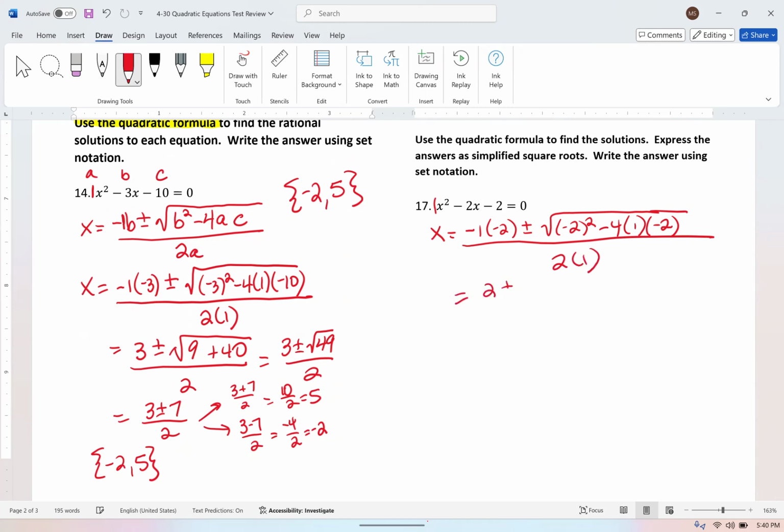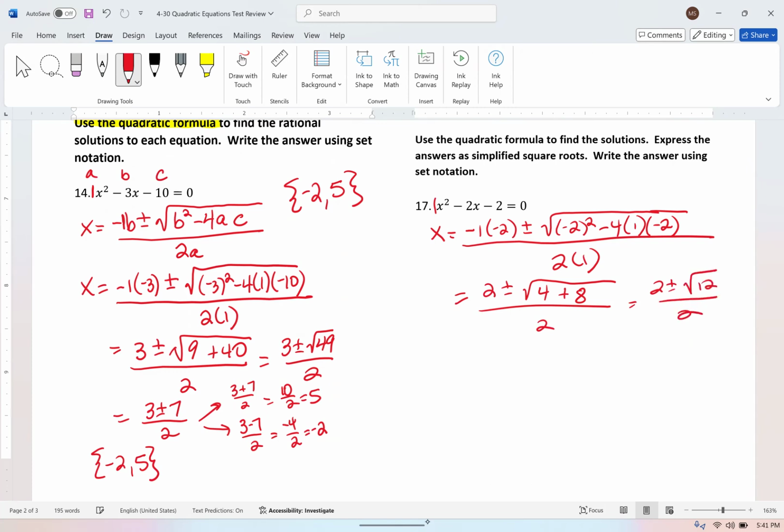Negative 1 times negative 2 is 2. Negative 2 squared is 4. Negative 4 times 1 times negative 2 is positive 8. 4 plus 8 is 12.